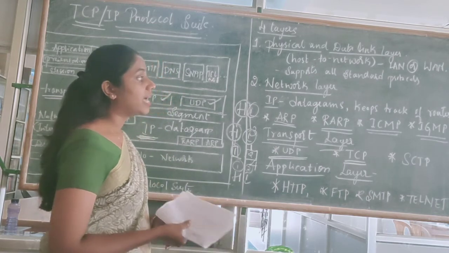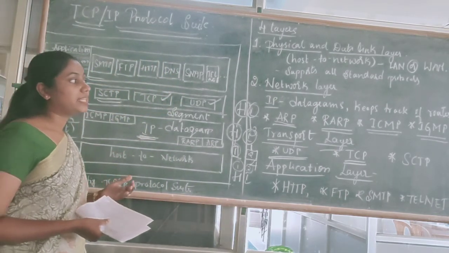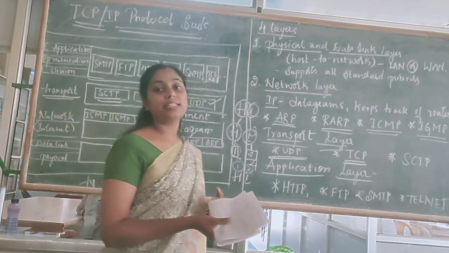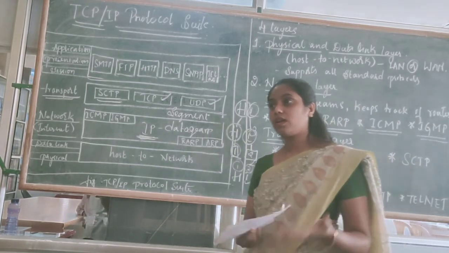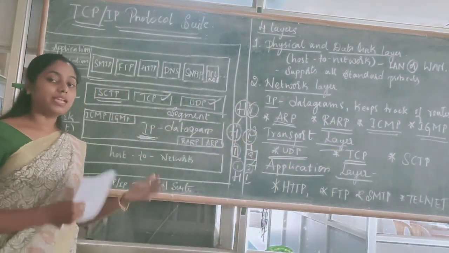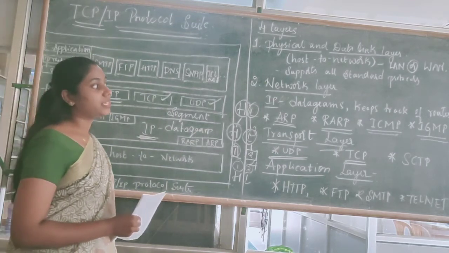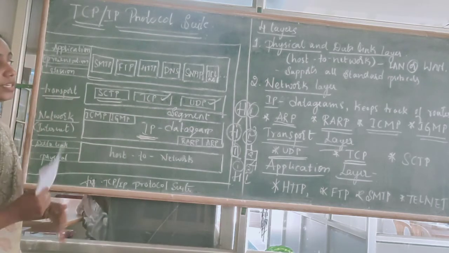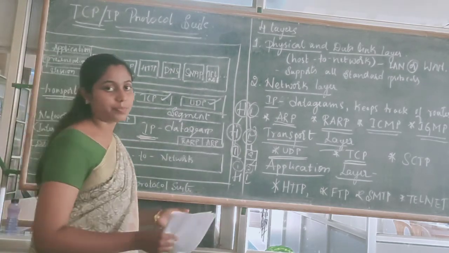The next one is ICMP, Internet Control Message Protocol. In ICMP we can send different error control messages, and we can send queries. The last one is IGMP, Internet Group Message Protocol. With it we can send a message to a group of recipients.